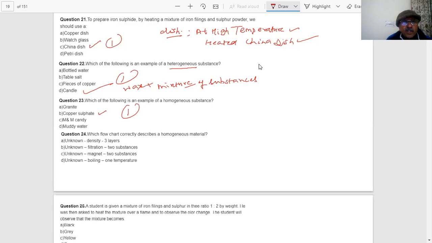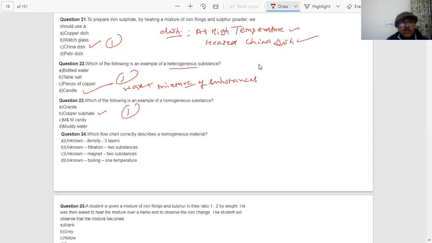Next question on the screen, student. Which flow chart correctly describes a homogeneous material? The D part: unknown, boiling, one temperature.